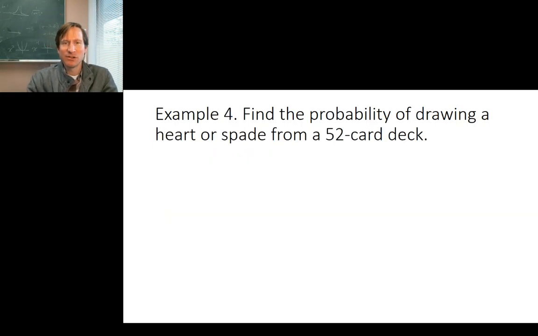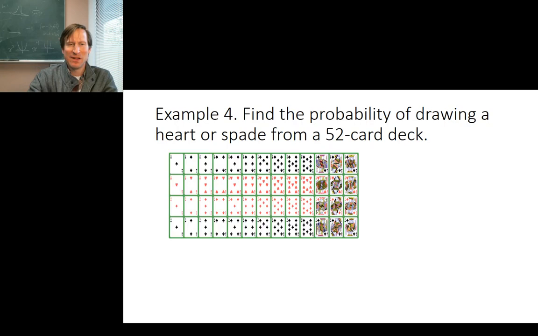All right, so now let's find the probability of drawing a heart or a spade from a 52 card deck. If you aren't familiar with the 52 card deck, here are all the cards. Each row is called a suit, each column is called a rank, and the column at the left, instead of calling these ones for some reason, we call these aces.